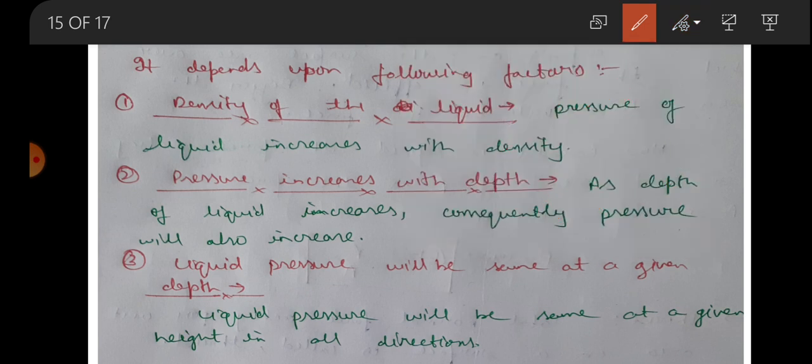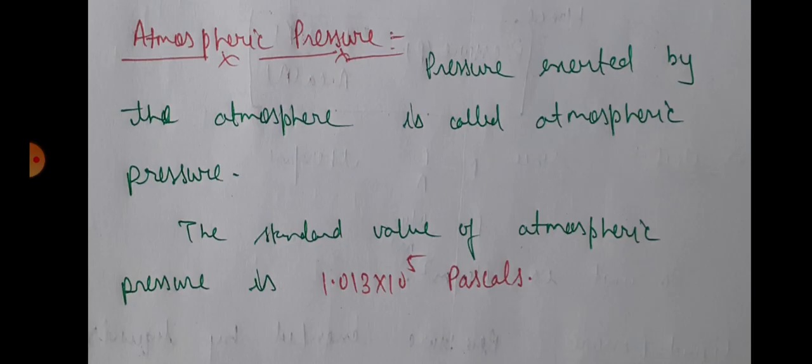Next, liquid pressure will be the same at a given depth. Okay, suppose this is your liquid, I am talking about this particular depth. सो इस डेप्थ के हर एक पॉइंट पे जो प्रेशर यहाँ आएगा वही प्रेशर इस जगह पे आएगा, वही प्रेशर इस जगह पे आएगा. मतलब इस हाइट के सभी पॉइंट्स पे प्रेशर इक्वल है.